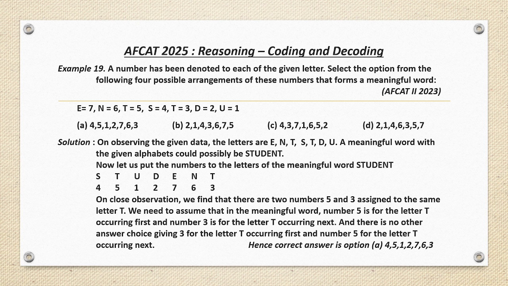So try to find out a meaningful word, and for that meaningful word, what are the numbers in the sequence, same sequence. For each letter in the word, the same sequence of numbers should come. Try to answer it on your own. Take 2 or 3 minutes time, no problem, right? We are here, we are learning, we are not competing against the time, right? So please take a good amount of time and try to solve it on your own.